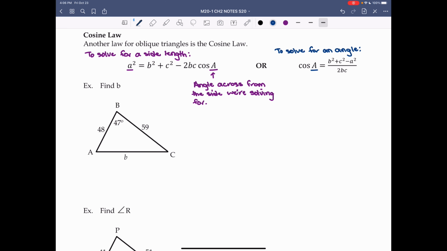We're solving for cos A in this equation, and notice that side a is in the subtraction location on the top of the fraction. So this is the side across from the angle we are solving for.